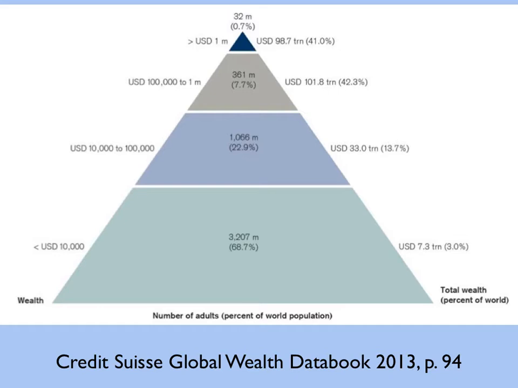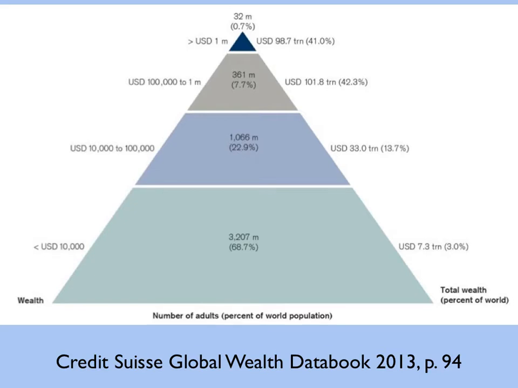Meaning that if we look at the percentage of world population and the percentage of the total wealth, we see that more than half, almost 69% of the population only owns 3% of the total wealth. That says a lot about being balanced, being equitable.